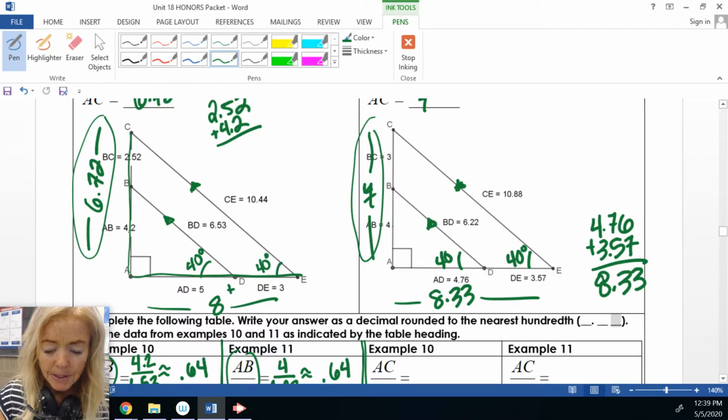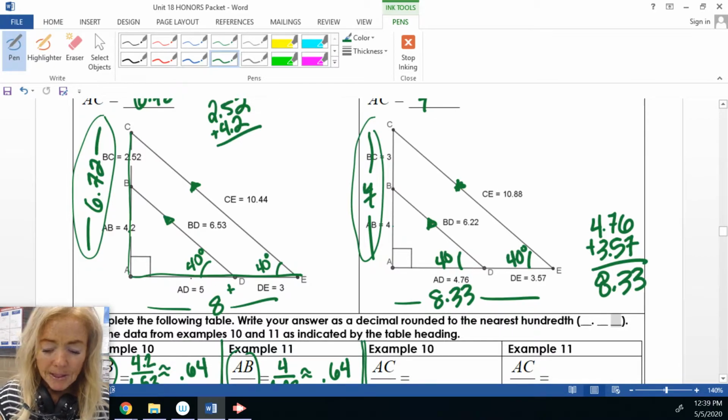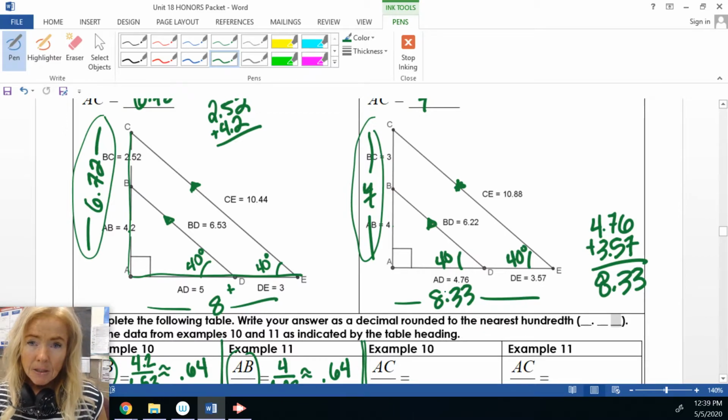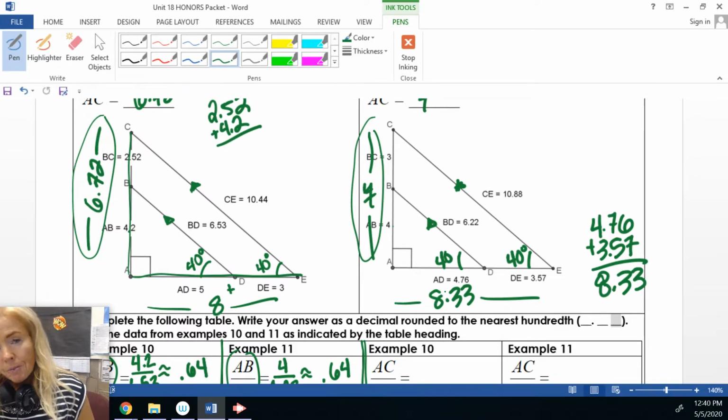Here AB is 4, here AB is 4.2, AD is 4.76 for example 11, whereas in example 10, AD is 5. So we have two sets of similar triangles with the exact same angles, though with different sizes. And they're not far off, just a little bit different.